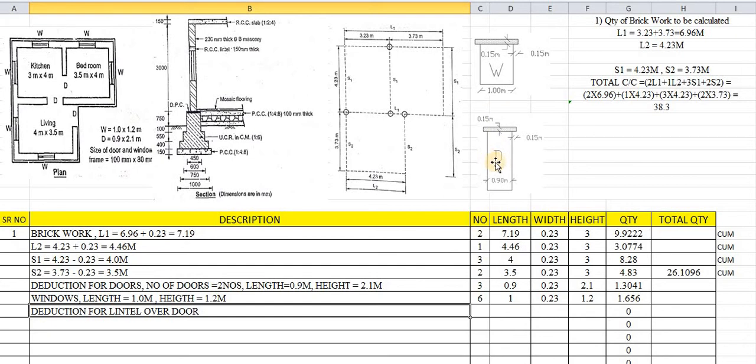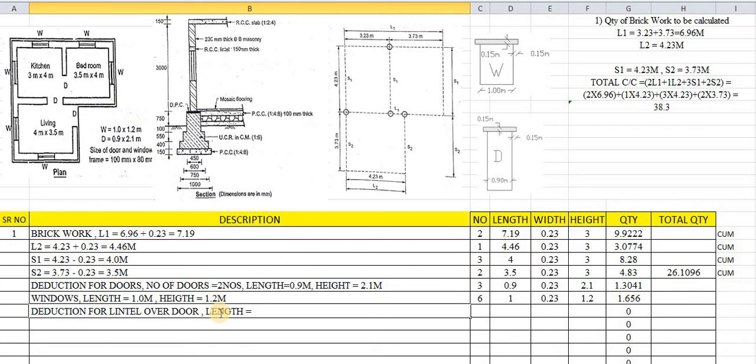So what is the total quantity lengthwise? 0.9 is the length of the opening, and extra we have taken 0.15 plus 0.15. The calculation for the length is important for doors and windows.